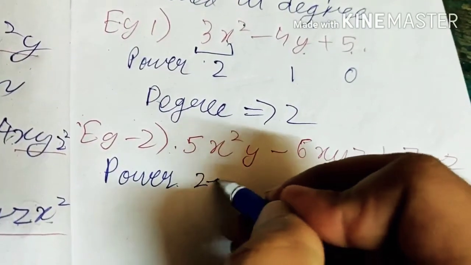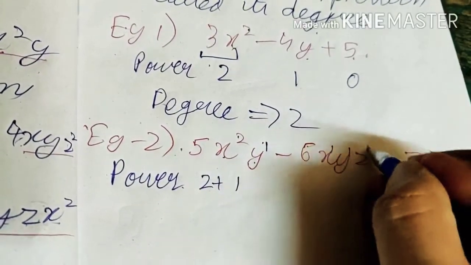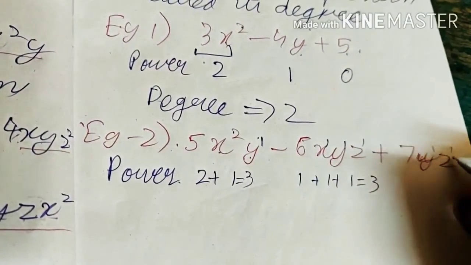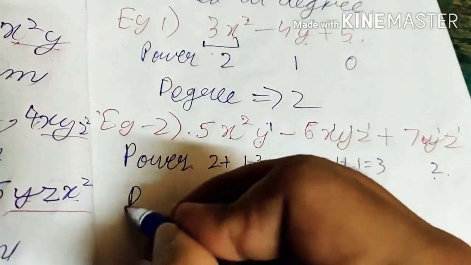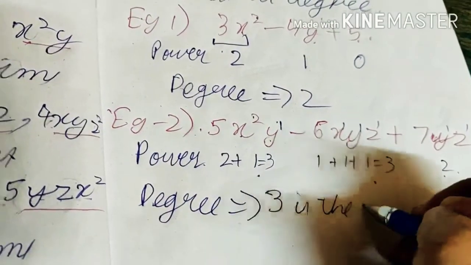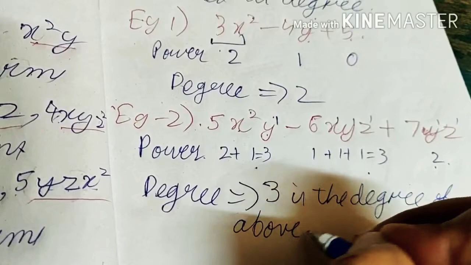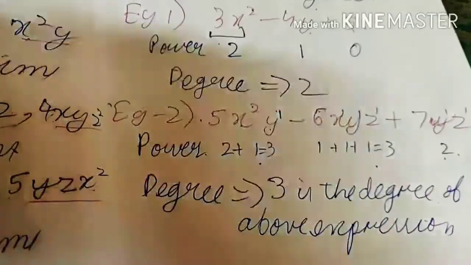In this term the power is 2 plus 1, x has power 2 and y has power 1, so 3. Here the powers are 1, 1 and 1, that is 3. Here the power is 2. So what is the greatest power here? Greatest power is 3, so 3 is the degree of the above expression. And these are all polynomials.